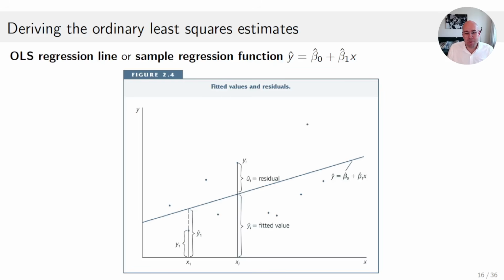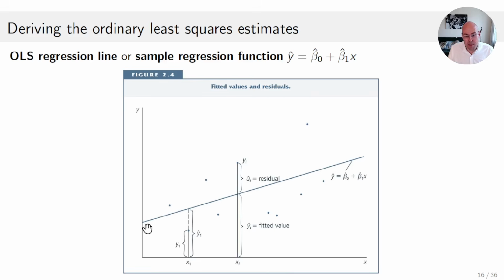Let's draw a picture to build the intuition and terminology a little bit more, or rather to memorize it or to learn it. So here I have my regression line: y hat is equal to beta naught hat plus beta 1 hat x. I can now draw this picture. Actually, this is known to me because I have these two beta hats and I have my x's in my data.